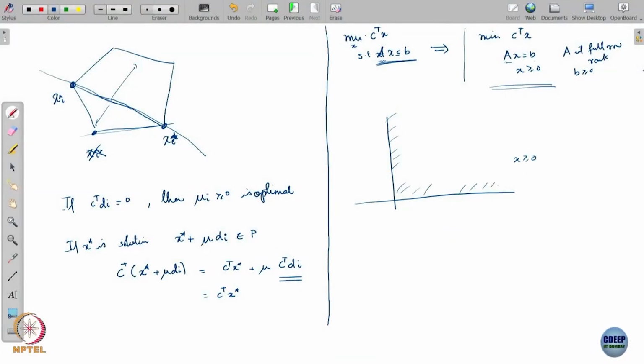What is Ax equal to b? Ax equal to b is the intersection of several hyperplanes in this space, right. So, it is actually a lower dimensional hyperplane.